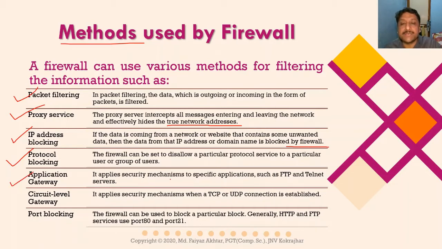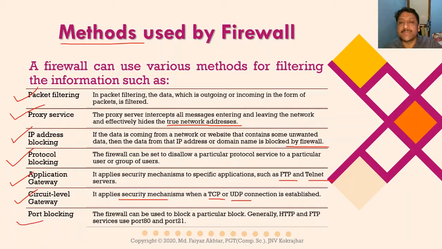It applies a security mechanism to a specific application such as FTP and telnet services. Circuit level gateway. It applies a security mechanism when a TCP or UDP connection is established. TCP, transmission control protocol, and UDP connection is established. Then they can provide you a security mechanism.